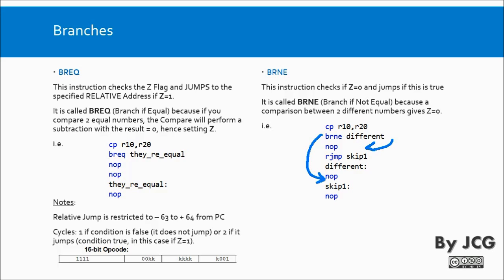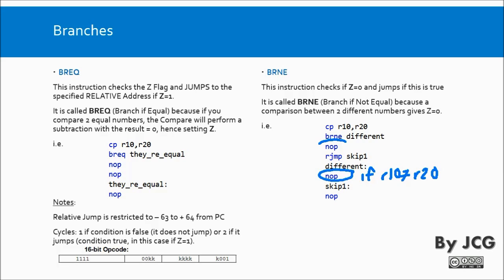However, take a close look. After executing this instruction, we have a relative jump. So this relative jump is always going to jump to this one here. So if the registers are different, then we're going to execute this instruction. Okay, this is going to be executed if register 10 is different to register 20.